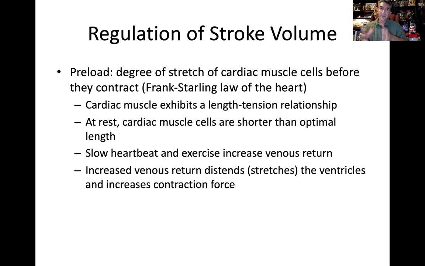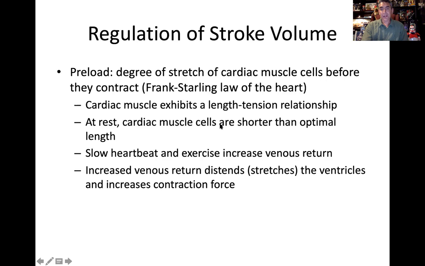But up to that limit, the greater we stretch, the more forceful the contraction will be. Again, that's what we call preload: loading those little sarcomeres, those little cardiac cells, to an optimal position for greater contractile strength. So preload is the degree of stretch of cardiac muscle cells before they contract.